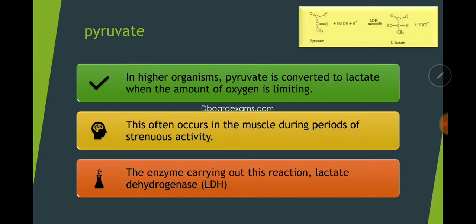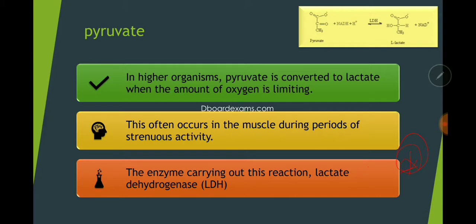This often occurs in muscles during periods of strenuous activity, and the enzyme carrying out this reaction is lactate dehydrogenase, LDH. Usually in people who have been running, their lactic acid is elevated if you measure it.